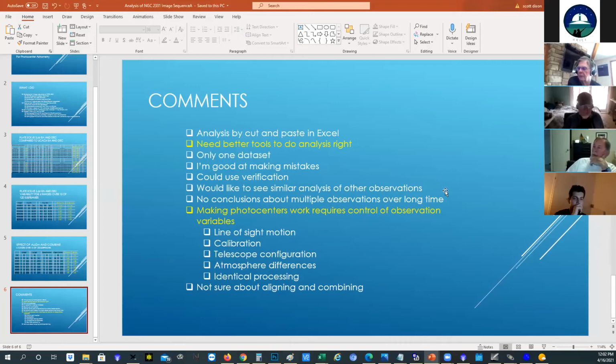Yeah. The other point I made from the charts is that as an observer, what you really need to do, and I said this earlier, is control the observation variables and make sure that they're as close to exactly the same in each observation as you can. I don't quite know what to do about variable calibration, telescope alignment stuff, and so forth.